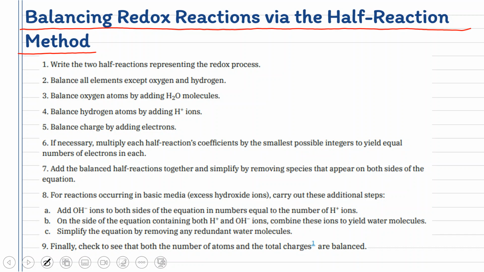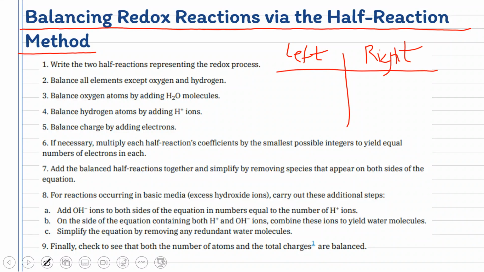Now, we remember when we're doing half reaction, I told you half reaction is going to be important when we start doing balancing. Now, if you don't remember, we've done normal balancing of equations. In a normal balancing of equation, we try to look at the elements on the left hand side, element on the right hand side, then we count them.